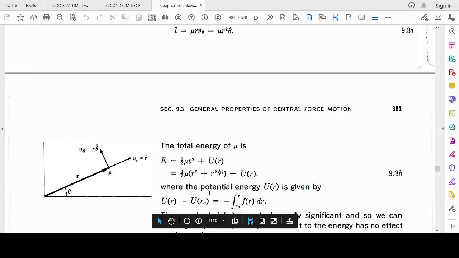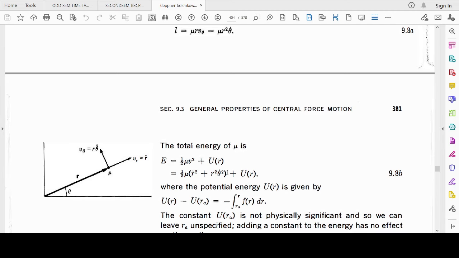One is the velocity in the radial direction, and the second is the velocity in the theta direction, the angular direction. The third coordinate phi is not applicable because the motion is only in the plane. So the velocity of a body in the spherical polar system is r dot square plus r square theta dot square, that is velocity square. Now we are using that expression for v square. So the total energy of this body will be E is equal to half mu (r dot square plus r square theta dot square) plus U of r.